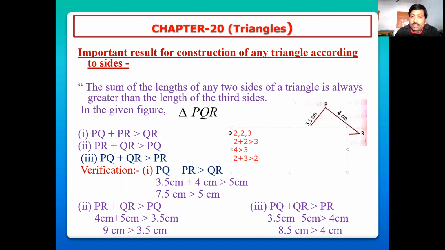Yes, correct. And 2 plus 2 is also greater than 1. So in this case, we see that these are the measurements of a triangle. Okay. Now, if any one of these conditions is not fulfilled, then the given sides will not be suitable for construction of the triangle.